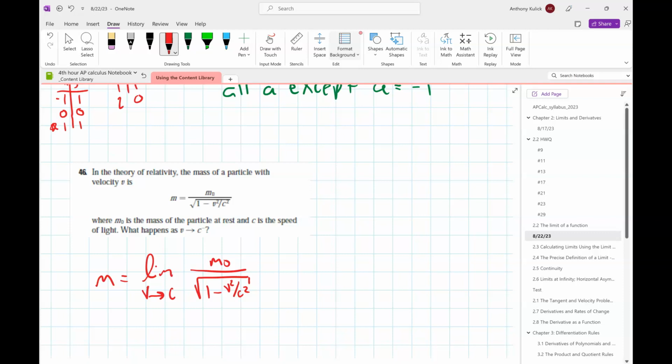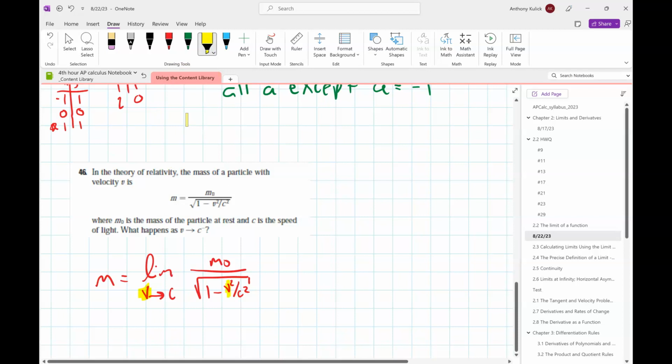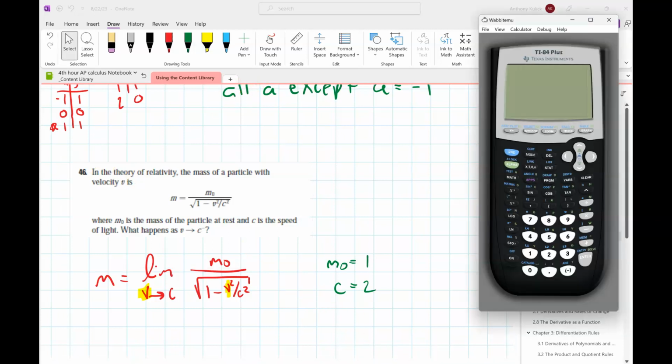The problem is that the letters in here are constants. So the v is what our variable would be, because we're worried about v approaching c. So what I'm going to do is set some values. I'm just going to set the initial mass to be 1 and c to be 2.